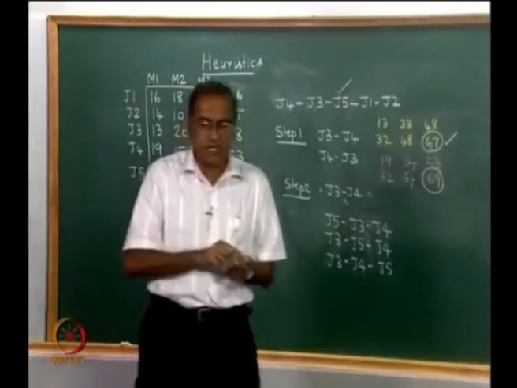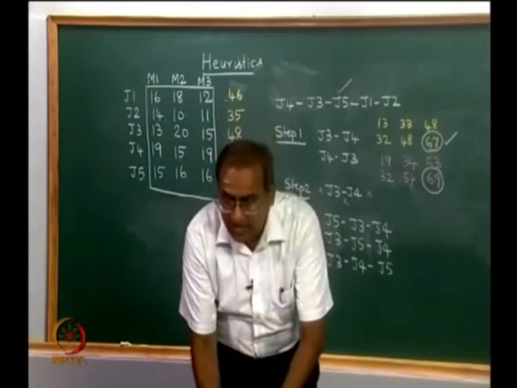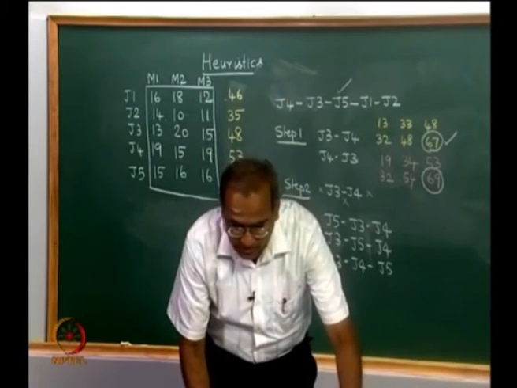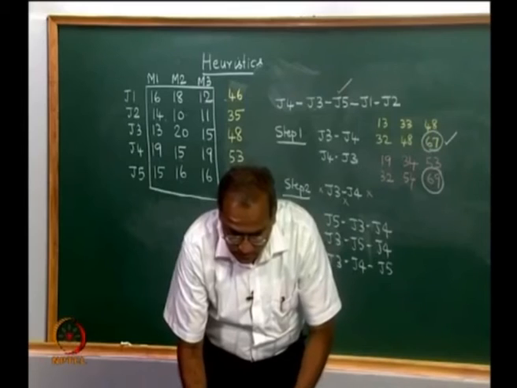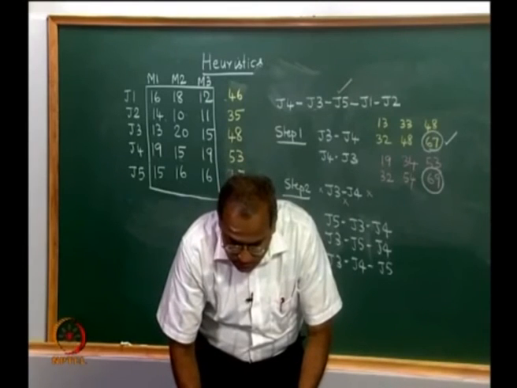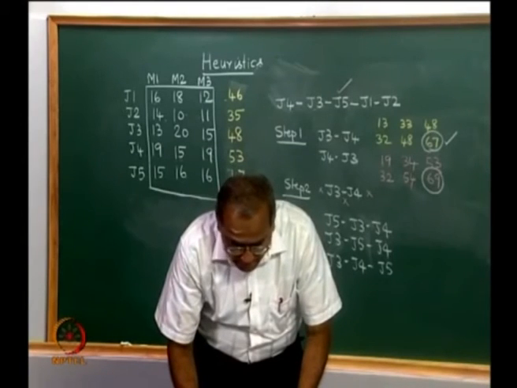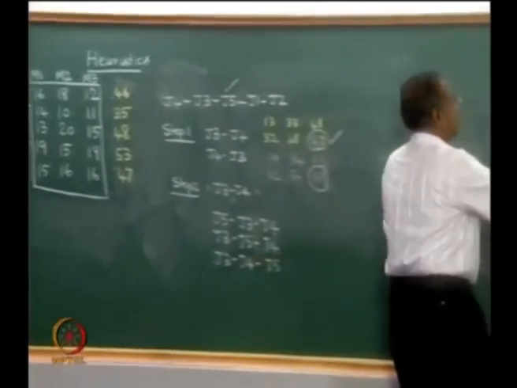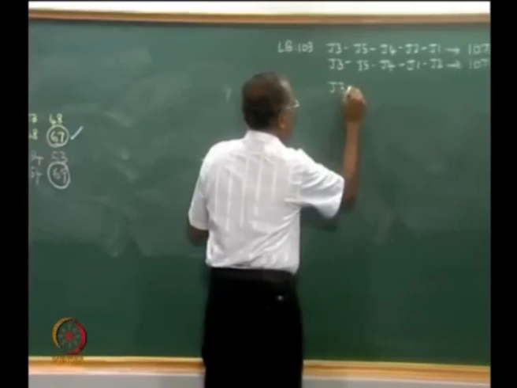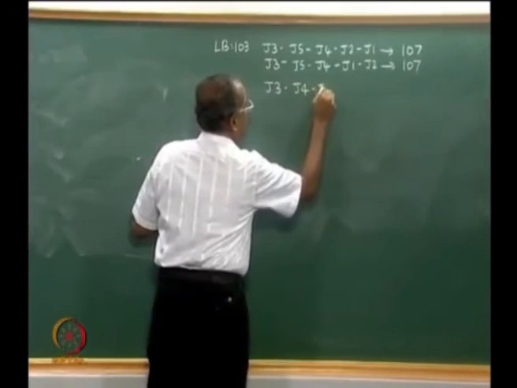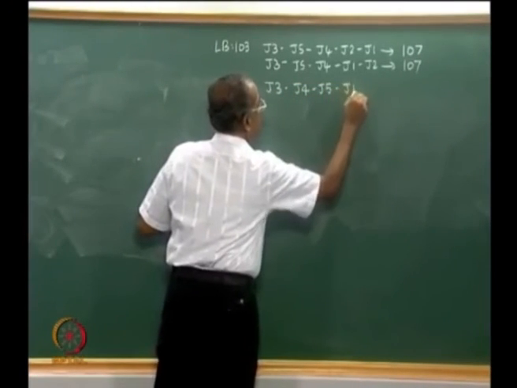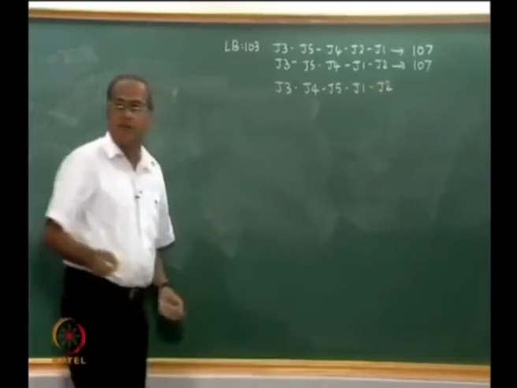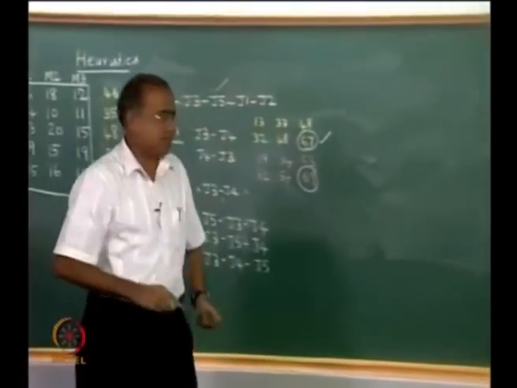Now if we continue with the algorithm, then we finally get a solution 3 4 5 1 2. Let us compute the makespan for this.